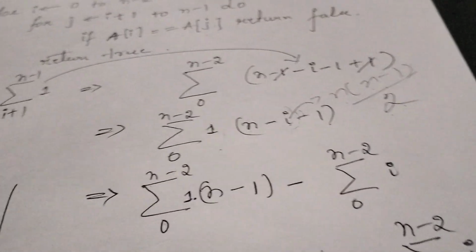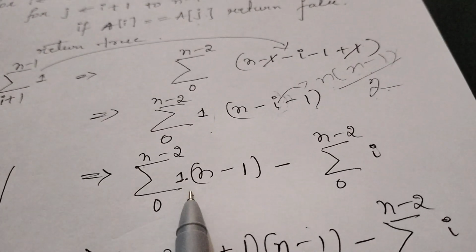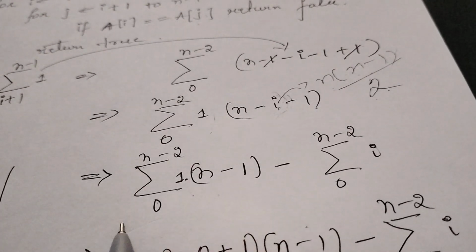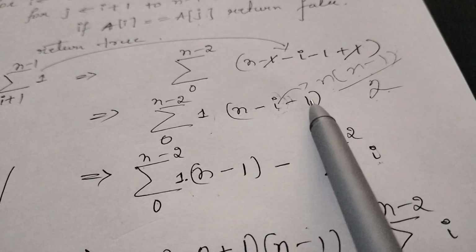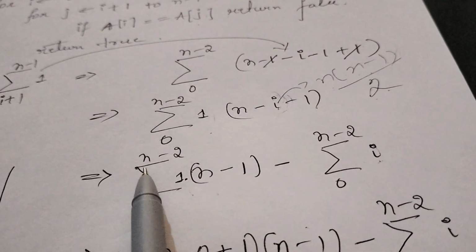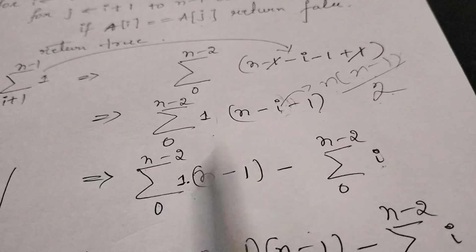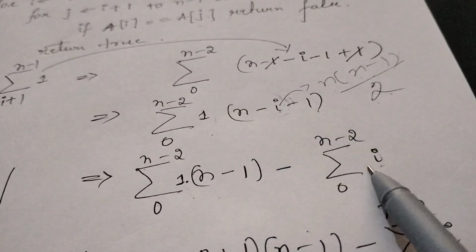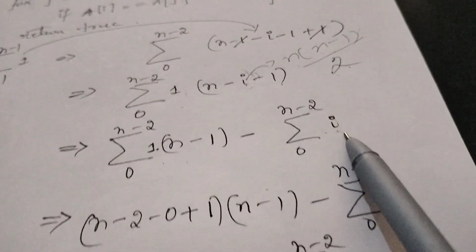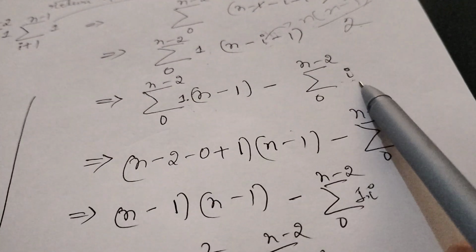So here you can split it up like this: n minus 1 you can write this, and minus i you can write here. I have split this equation like this, 0 to n minus 2, only one operation, so n minus 1 I have taken out here, and minus i I have written here, because it is easy for us to solve.